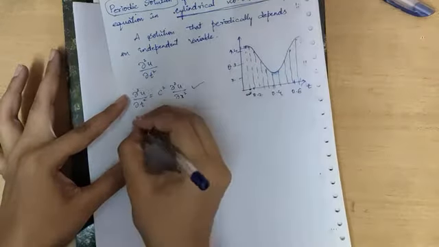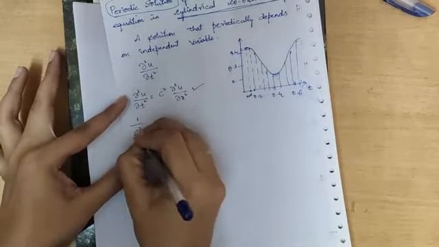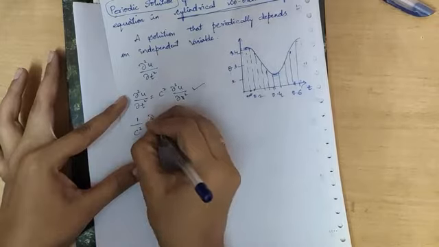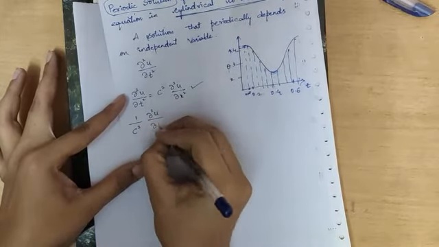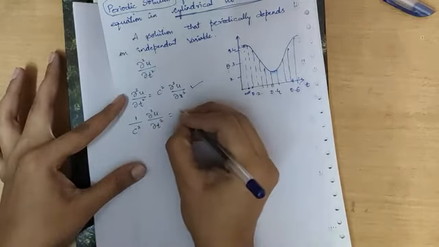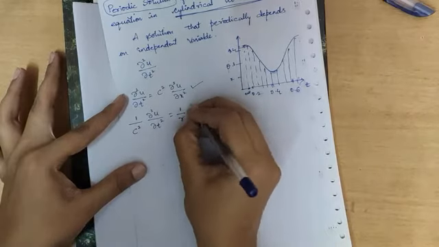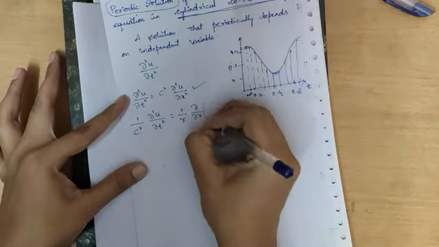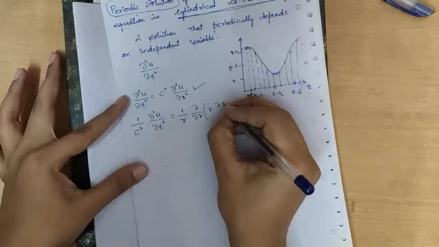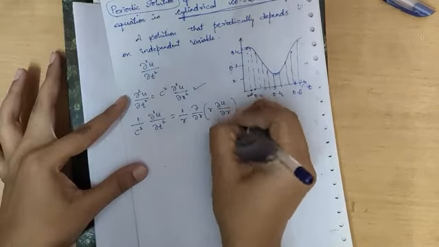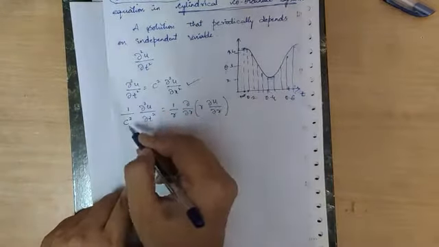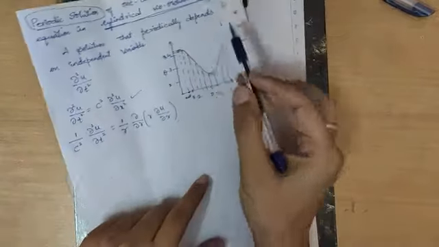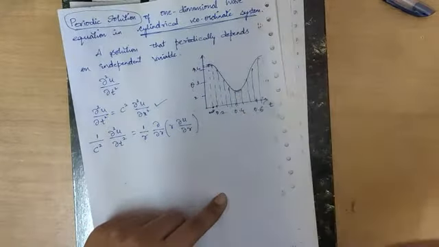For cylindrical coordinate system, the equation is 1/c² ∂²u/∂t² equal to 1/r ∂/∂r (r ∂u/∂r). This is the standard equation in the case of cylindrical coordinate system.